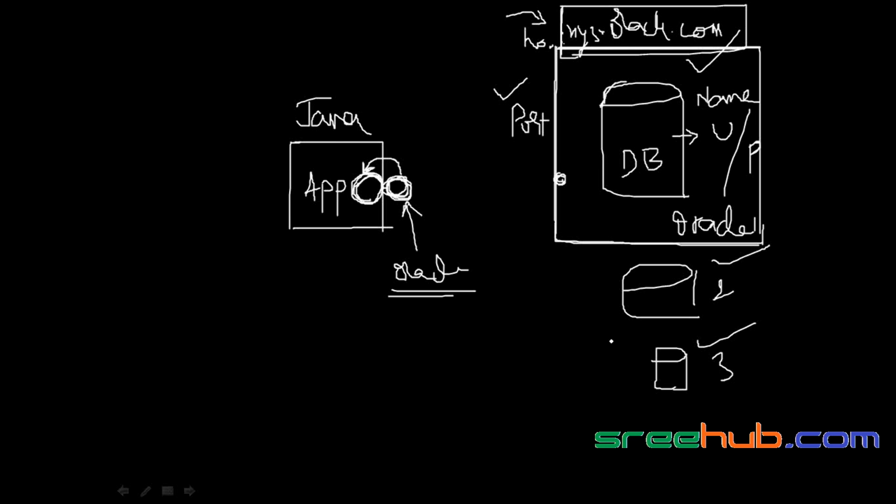Now, let us say this database is in some other server, like abc.oracle.com, some other server. It will have some other port, it will have some other name, it will have some other username and password, right? So in the same way, all different databases will be in different machines, right?